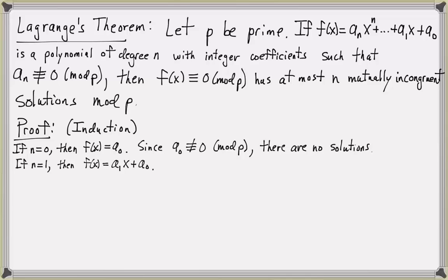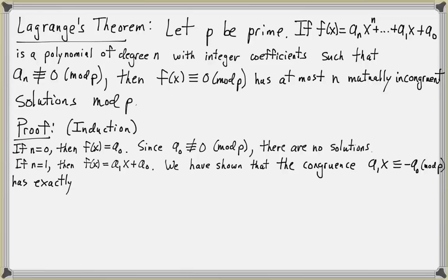As I mentioned a few minutes ago, we have shown that the congruence a1x congruent to negative a0 mod p has exactly one solution mod p, because if a1 is not congruent to 0 mod p, then a1 must be relatively prime to p.